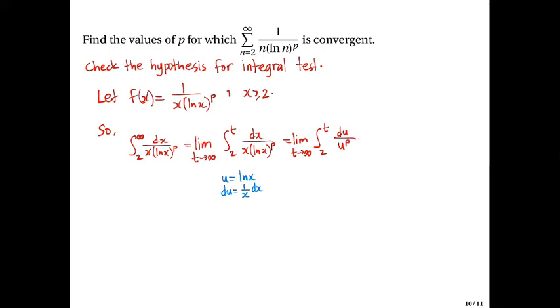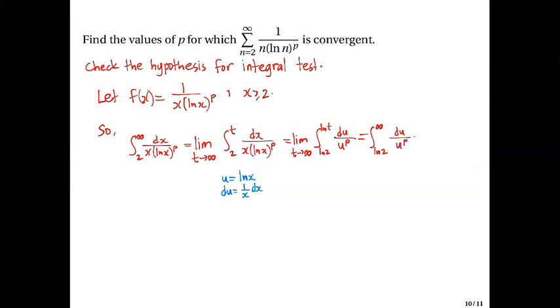But by definition, we bring back the improper integral. So this is the integral from ln of 2 to plus infinity of du over u to the p.